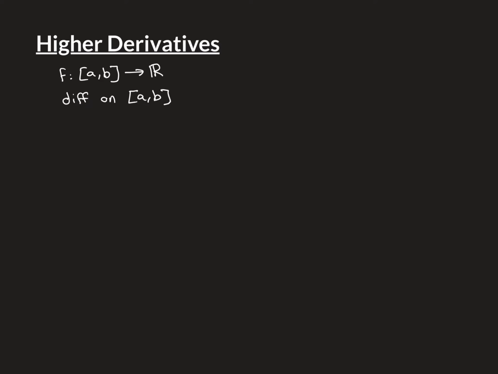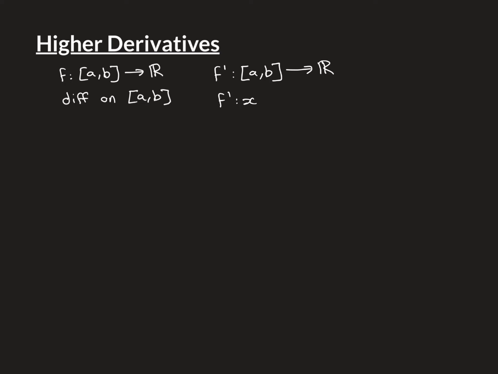So because it's differentiable everywhere on the entire domain, that means we can now actually view the derivative as being a function. So a function on our entire domain, our closed interval from a to b, and it's going to be a real valued function. And the way this is going to work is it will map any point in that domain.